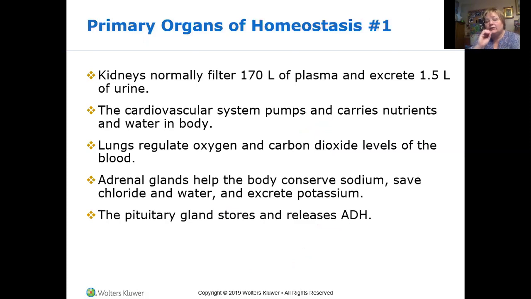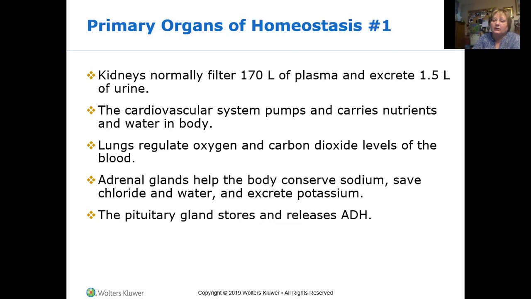So normally the kidneys are actually filtering. In that initial filtration at the very beginning of the nephron, which is the glomerulus, we're filtering into the glomeruli of the nephrons a total of 170 liters of plasma. But remember, as the fluid travels through those nephrons, most of that water, like 90% of it, is being absorbed.